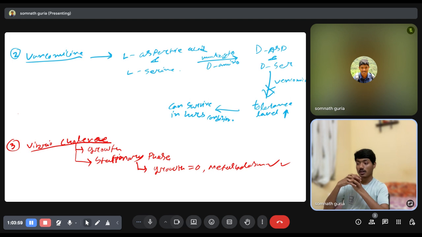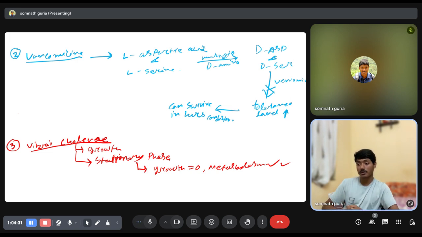Right now, in the stationary phase, this Vibrio changes itself such that it converts the L amino acid to D amino acid. In the stationary phase, it produces D amino acids, and the peptidoglycan cell wall is made of this kind of D amino acid.